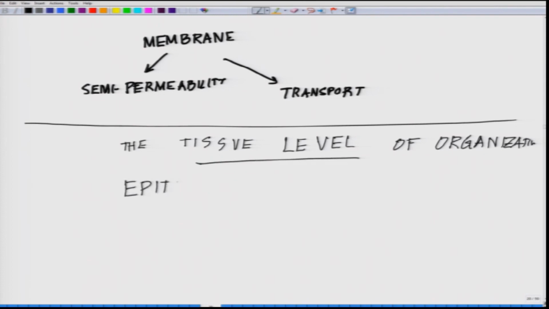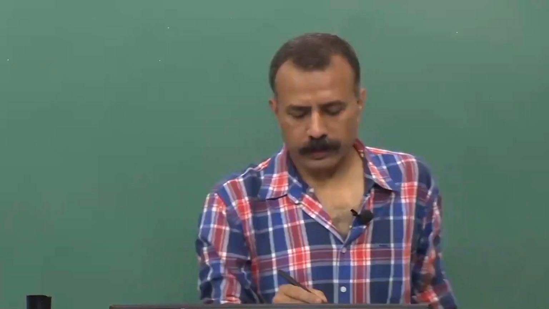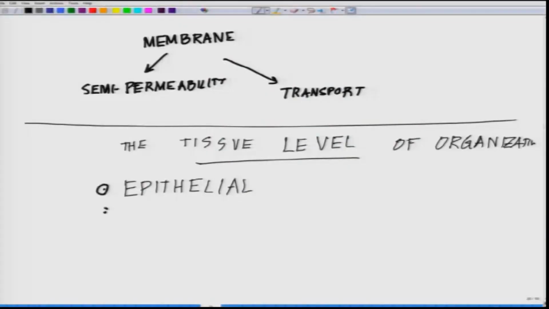Epithelial forms the cover of all the coverings. Say for example, all this surface, these are all epithelial cells of our body. The next one is connective tissue. We'll talk a lot about connective tissues as well as epithelial cells in the sections to come.